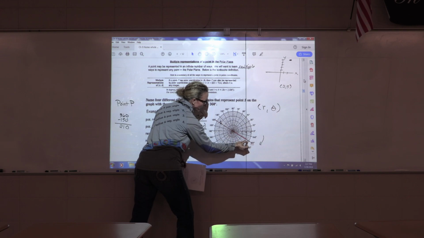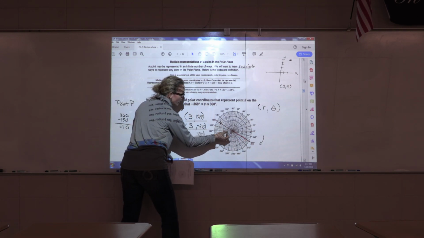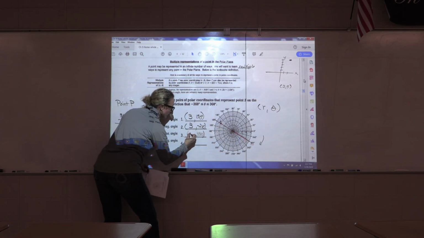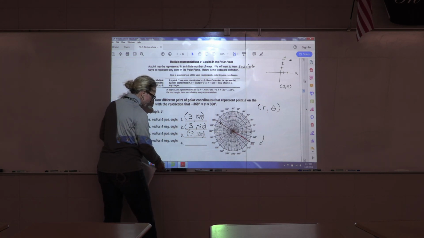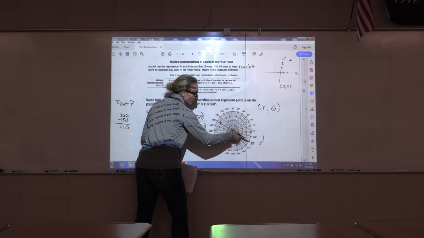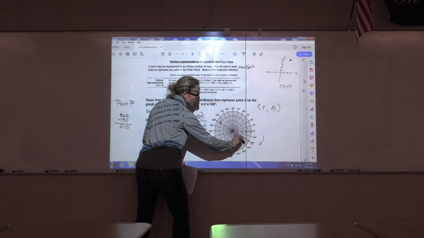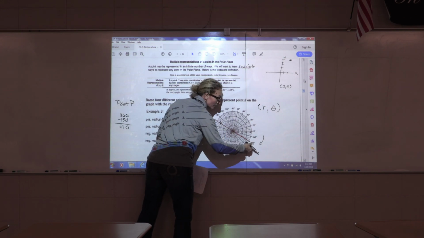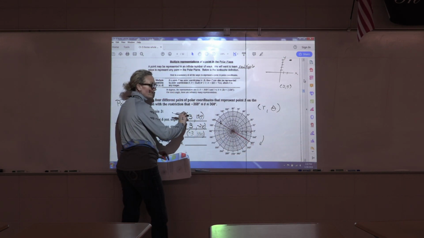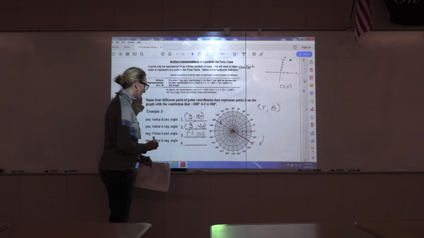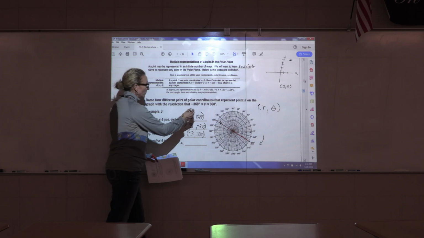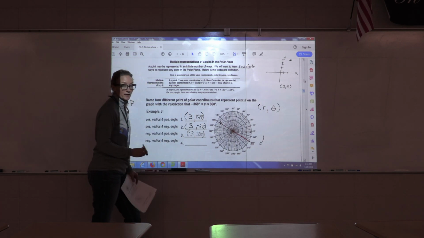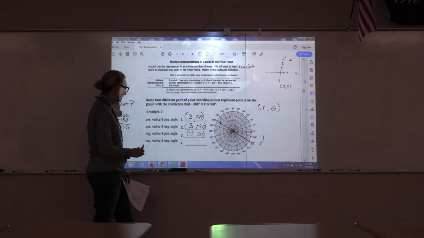If I want to land on this point, then I go backwards, a radius of -3. So I'm on this part of the ray, 330, and if I have a negative radius, it goes backwards from that. Not on the positive side, I step backwards on the negative side. So that's a negative radius, positive angle. And notice I'm keeping my angles in between -360 and 360.